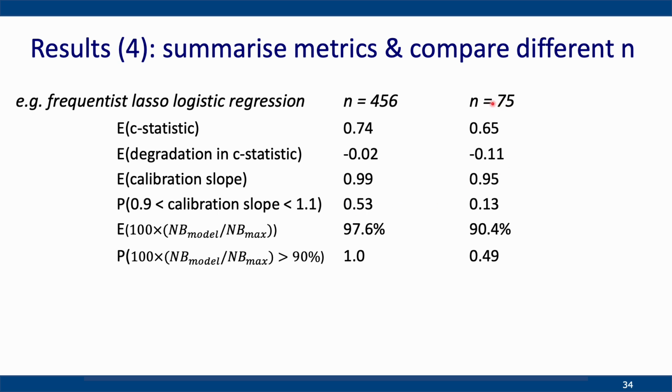But if we go to a sample size of 75, we've got a 13% chance. Both sample sizes have quite a high probability in terms of the expected values of the net benefit compared to the maximum. But again, only the sample size of 456 is giving you a large probability that you're going to get 90% of the net benefit of the maximum model, whereas you only got a 1 in 2 chance if you had a sample size of 75.